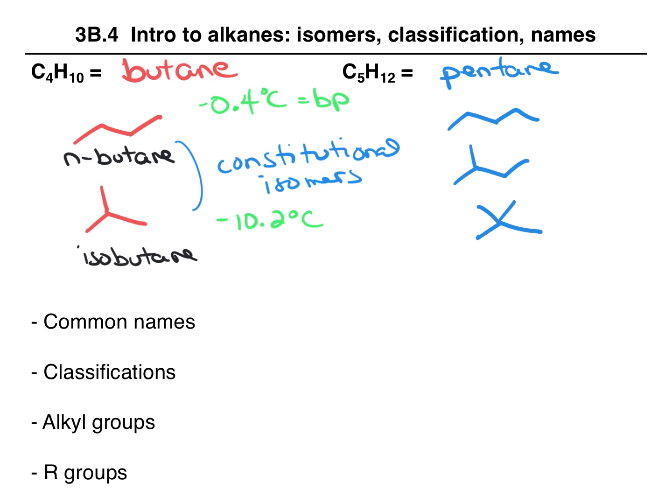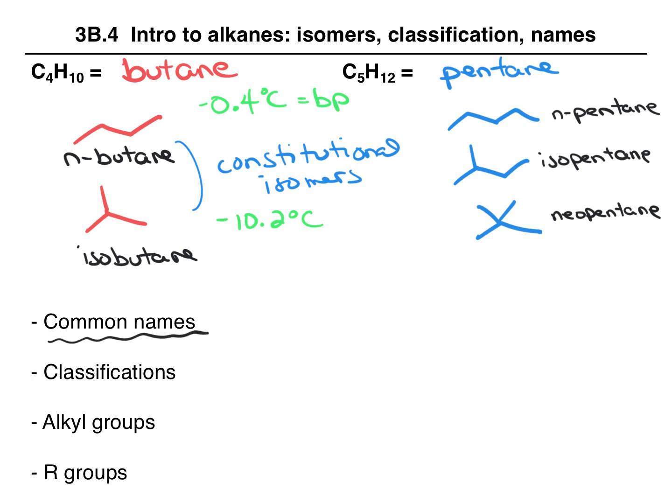The first one would be named n-pentane, specifying that it is normal, that it is straight chain. The second one is isopentane, and the third one is called neopentane. So what we're looking at here are some of the common names for alkanes.